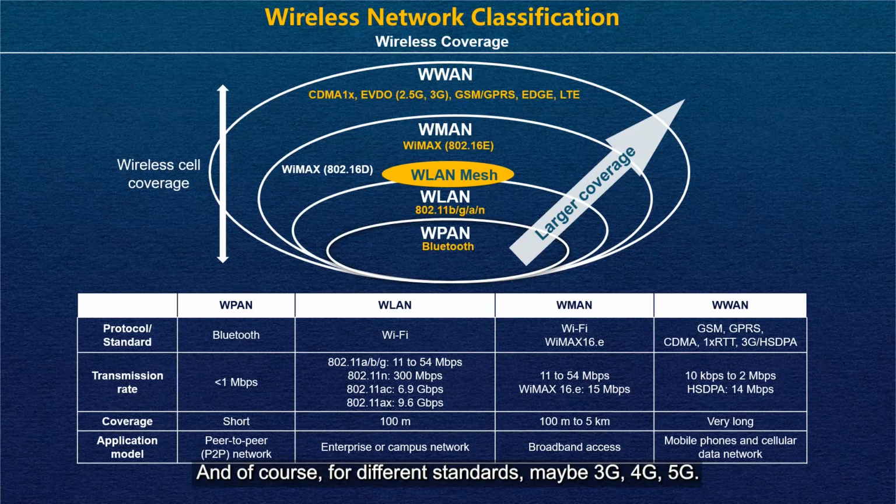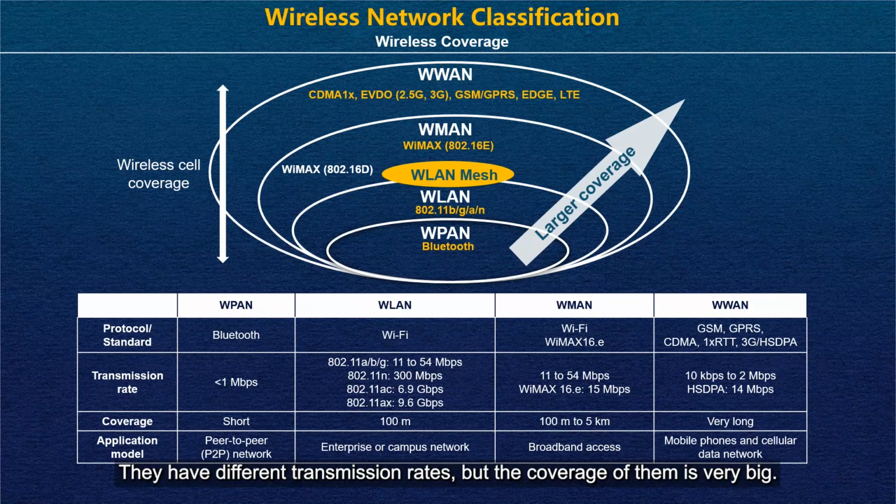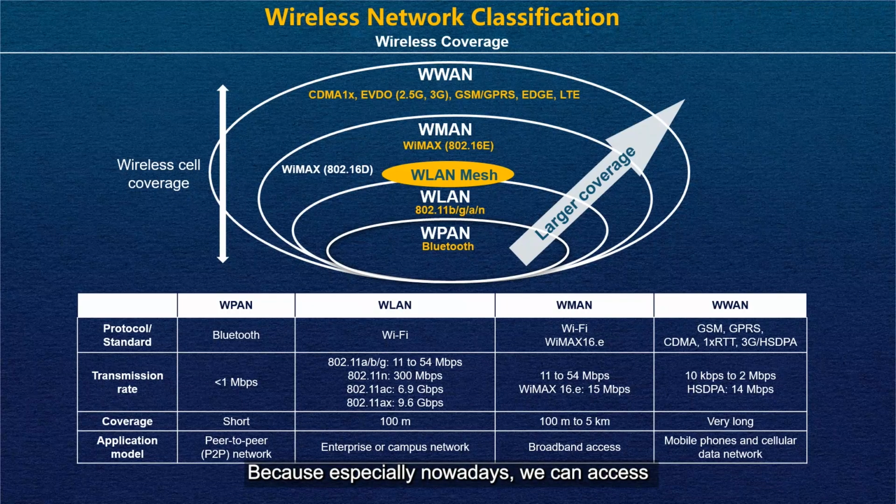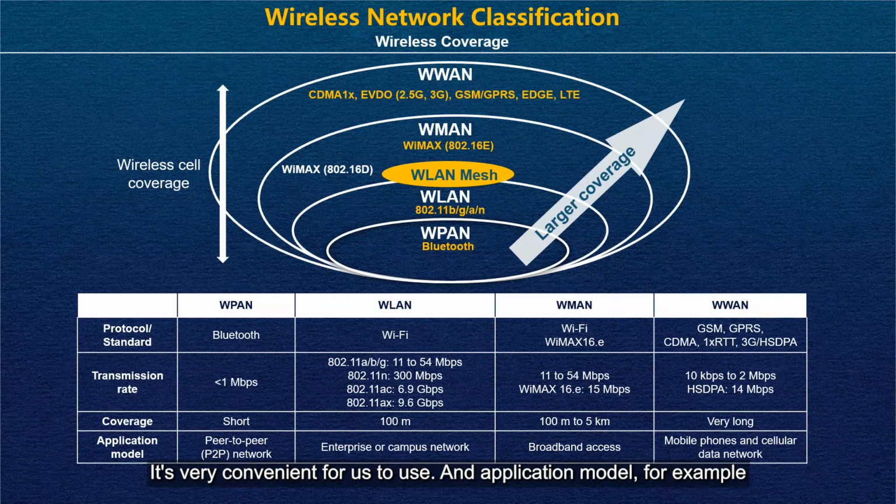Of course, for different standards, maybe 3G, 4G, 5G, they have different transmission rates, but their coverage is very long, right? Especially nowadays, we can access a WWAN network maybe at each corner of the world. It's very convenient for us to use.